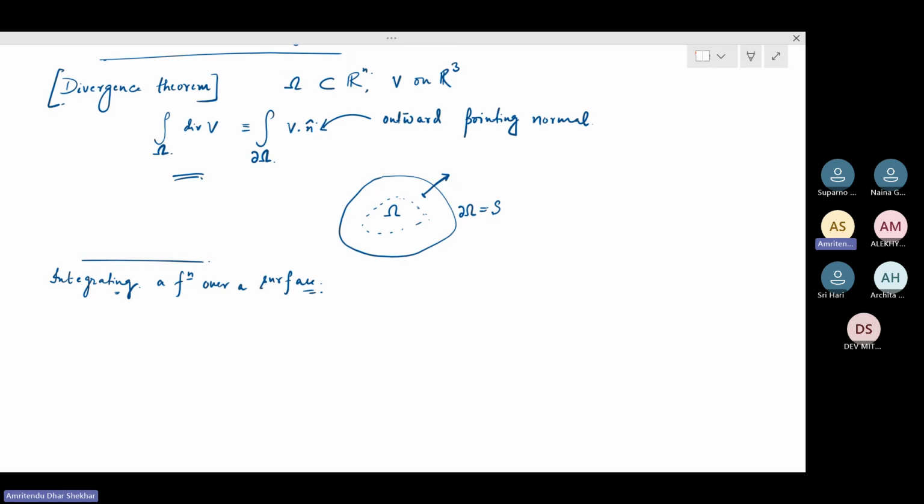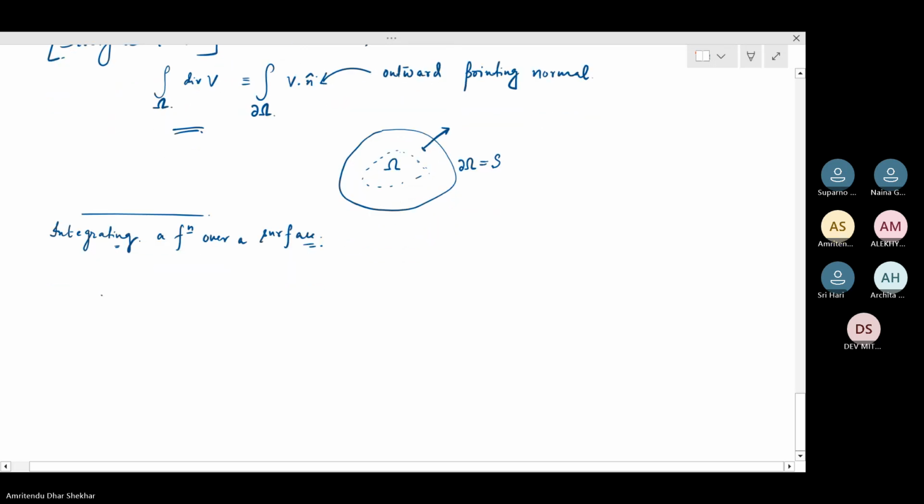Let's say you have the unit sphere, and you want to define the integral of some function f defined over this unit sphere S2. The way this is defined is actually as follows.